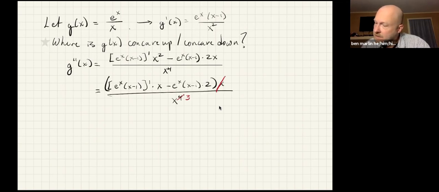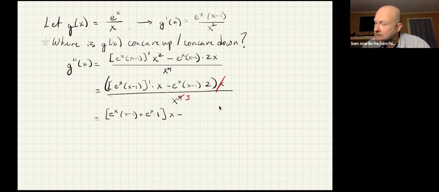All right, so then this upstairs there, the e to the x times x minus 1, you have to take its derivative, and that requires the product rule. So take the derivative of e to the x, and you get e to the x, and you leave the x minus 1 alone, plus, now you leave the e to the x alone, take the derivative of x minus 1 and get 1, and all of that still gets multiplied by x afterward, and then minus.